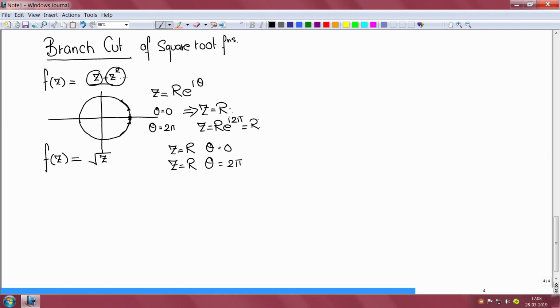Now watch, z is being parameterized as r e to the power of i theta. If I now look at square root of z, this is the amplitude and this is the phase. So square root of z will be r to the power half e to the power of i theta by 2.